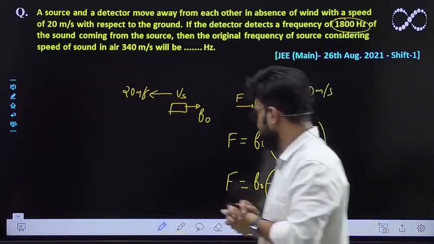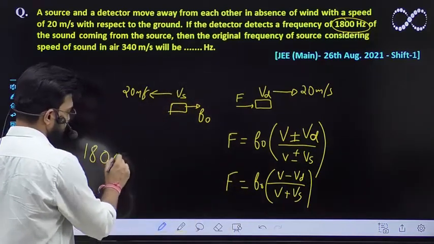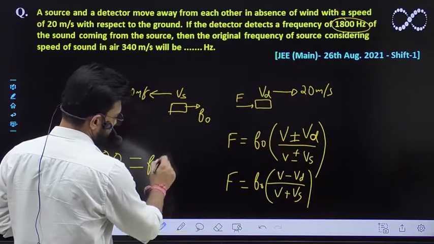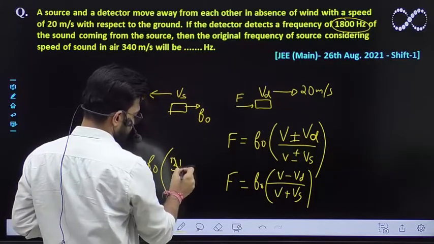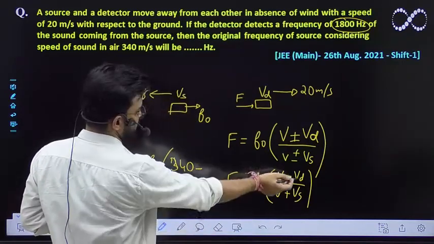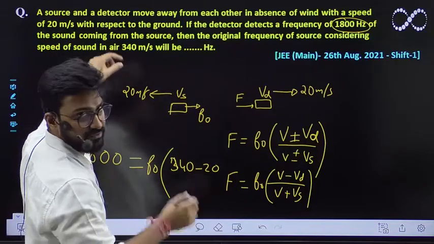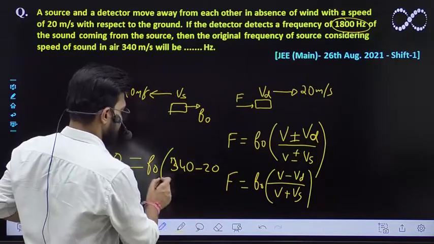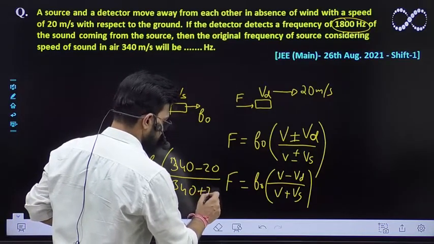So we put in the values. The detected signal frequency is 1800 Hertz, so it is equal to f0 times (340 minus 20), because the speed with which they are moving away is 20, divided by (340 plus 20).